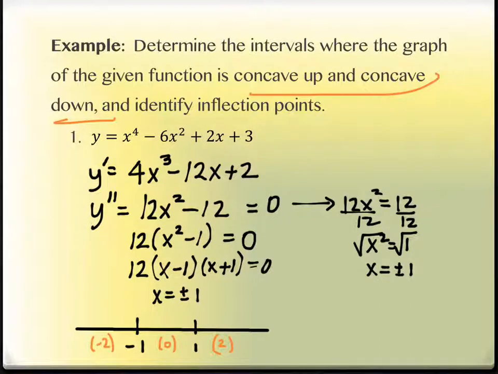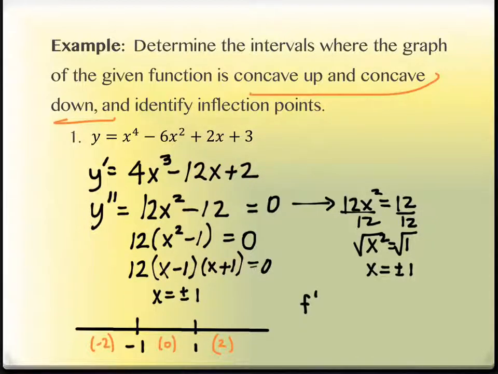So these particular points that I've picked, negative 2, 0, and 2, I'm going to plug them in, but I need to make sure I'm plugging them in the right place. Where should I be plugging them in? The second derivative, because that's the only piece of the graph that gives me information about concavity, at least from the perspective that we're working at this point of the problem.